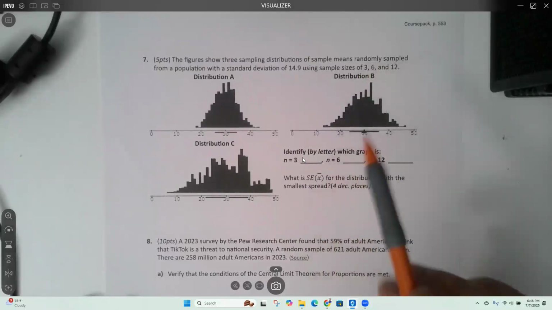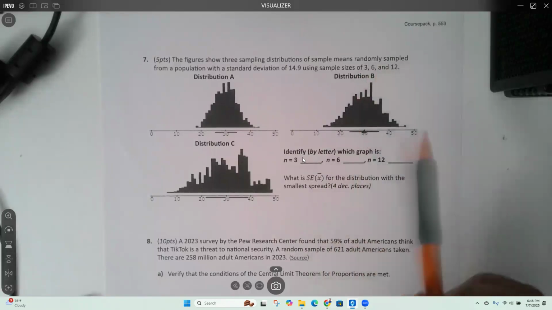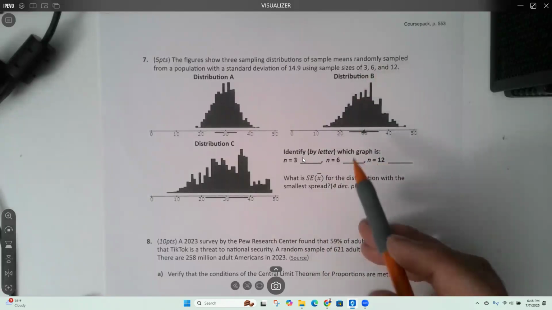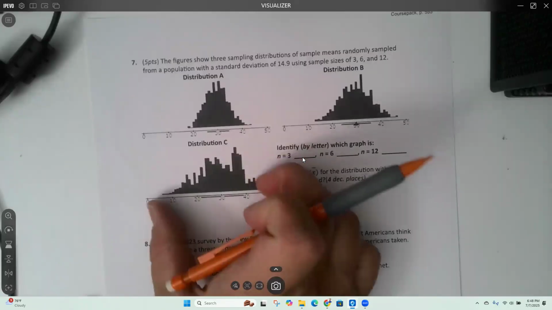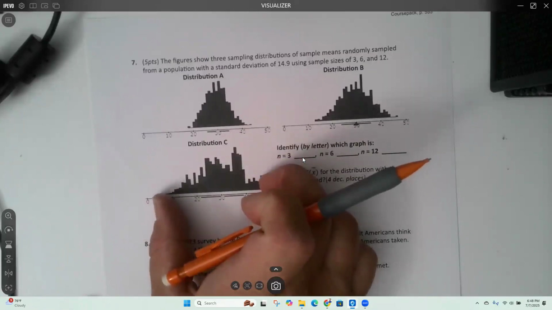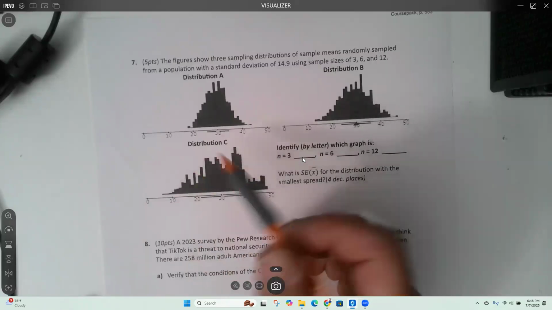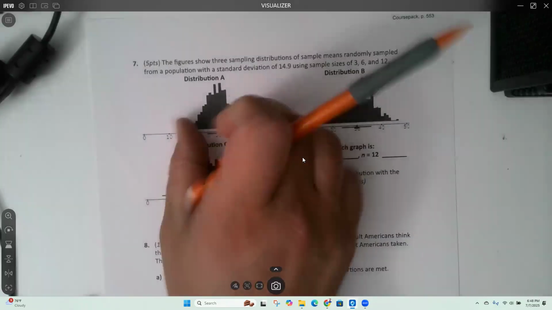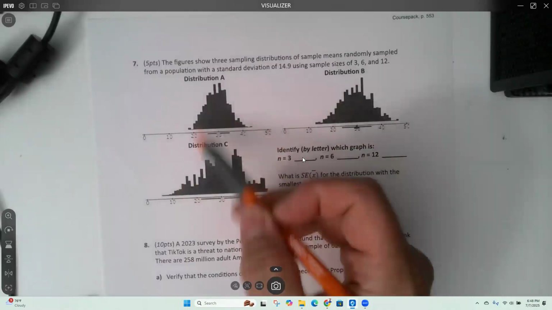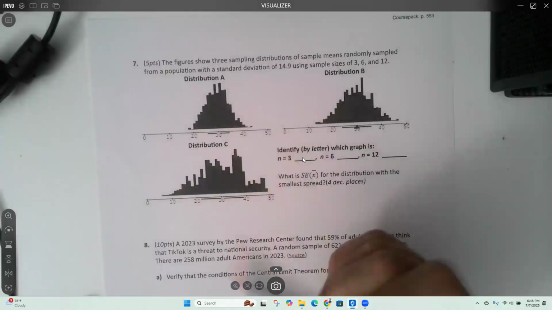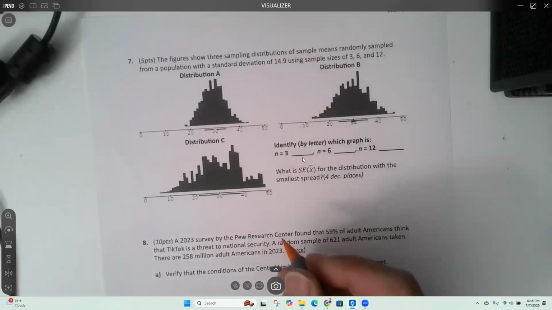The bigger our sample size is, the smaller our spread will be. The one that has a very wide spread is going to be a low sample size, and you'll notice this doesn't look normal at all. It looks like a mess. Versus a much smaller spread, you get closer and closer to a normal distribution and you get more accurate as you increase your size.